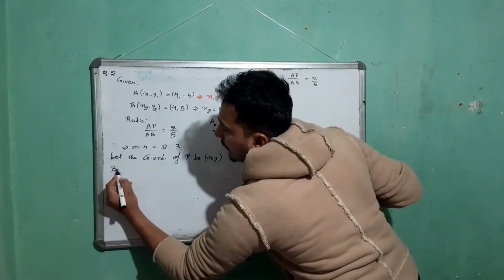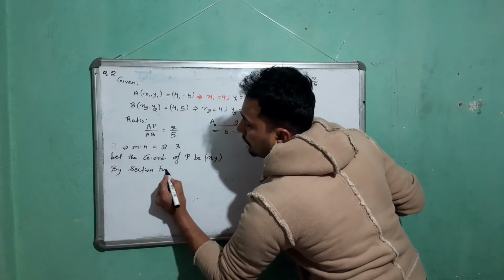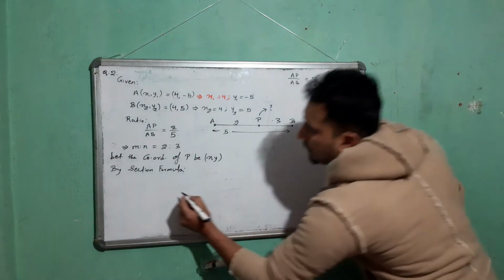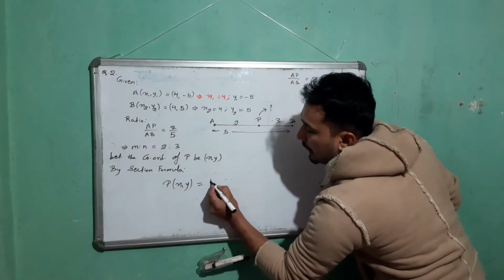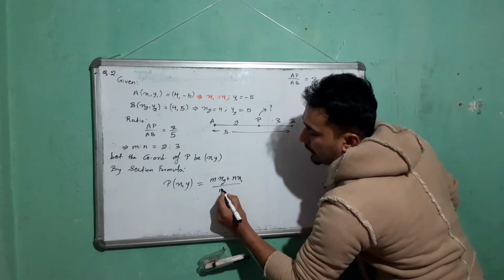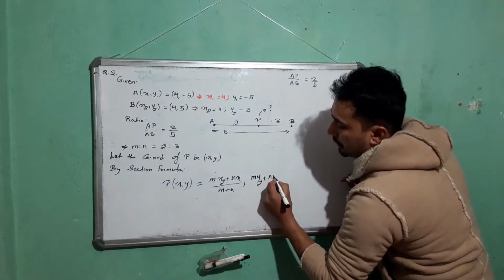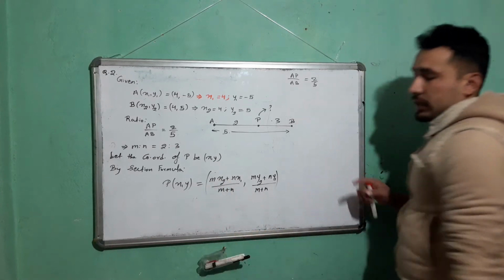Then by section formula, P(x, y) is equal to (m x2 plus n x1) divided by (m plus n) and (m y2 plus n y1) divided by (m plus n). So this is the section formula.